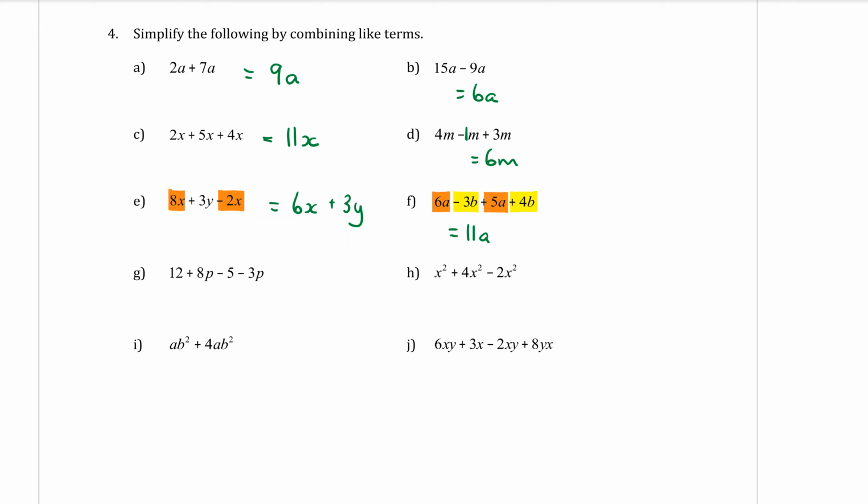Don't forget this, the plus and minus sign. So it's a minus 3 plus 4. What's that? Minus 3 plus 4. Those lovely negative integer stuff you did last year. Or your calculators. 1, that's right. It's just a 1, which is a 1b. So we don't have to write the 1 though. If it's a 1 and there's a letter there, we just write plus b.